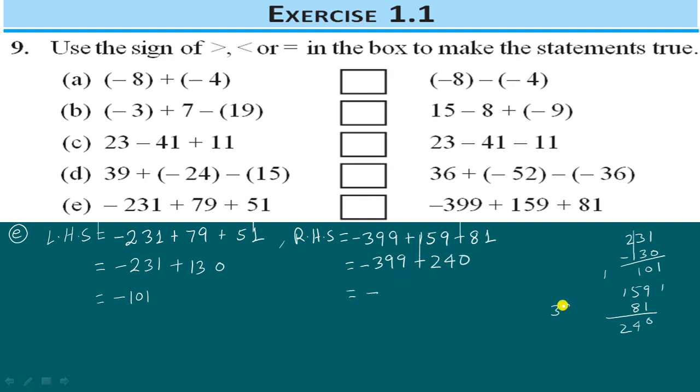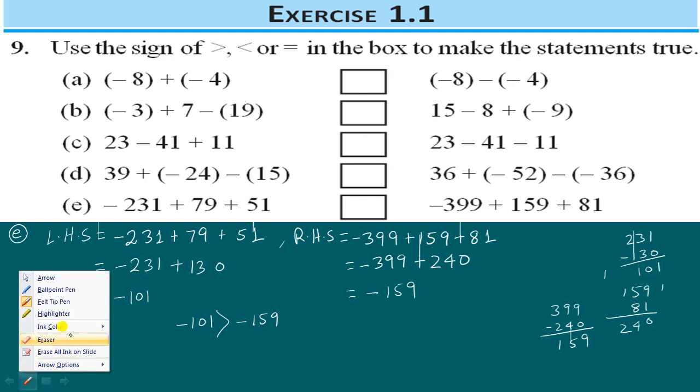Now if we subtract this one, 399 minus 240, then we are getting 159, that is minus 159.